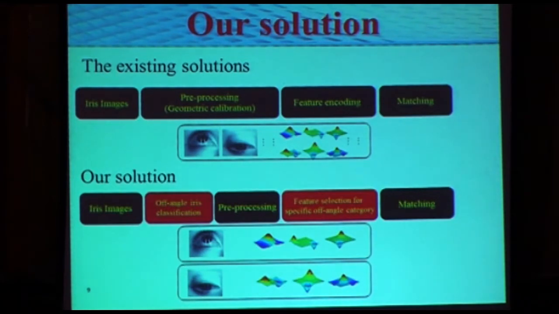The difference is here and here. We add off-angle area classification in the pre-processing stage to determine the off-angle categories. And then we replace the uniform feature encoding with feature selection for each specific off-angle category.